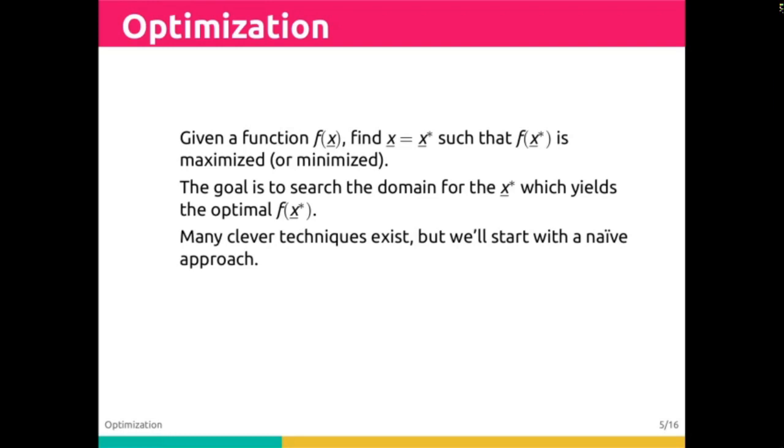In other words, x star is our actual solution to the problem, whereas the field of x is simply a set of candidate solutions to the problem, and we examine each x for brute force. The goal is to search the domain for the x star which yields the optimum f of x star. In other words, the solution.